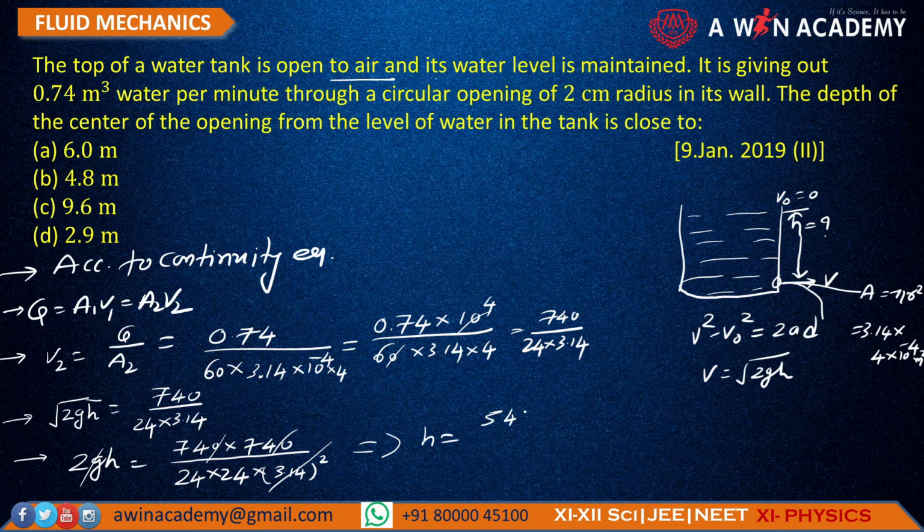It will become 5476 upon 24 into 24 और a 2. इसे आप सोल्व करते हो तो इट विल कम्स something 2 into 576. सॉल्व करने से आंसर आता है 4.85 मीटर. द करेक्ट दिस आंसर इज मैच विद द ऑप्शन बी. So B is the correct answer, 4.8 meter.